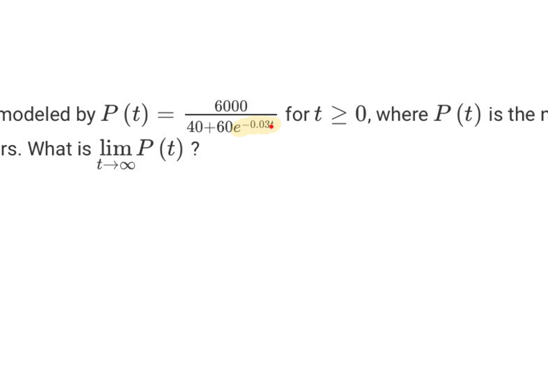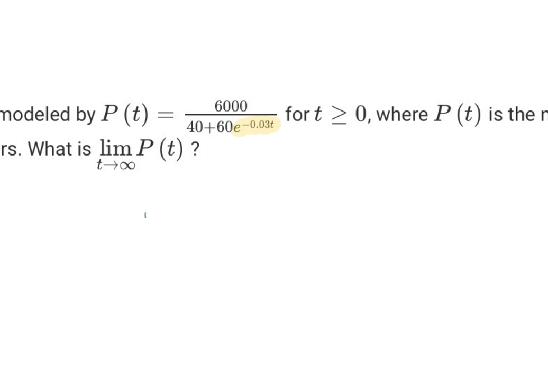Because think about when t is 1,000,000 or 1,000,000,000, you're multiplying it by a negative number, so it's going to be -1,000,000, -1,000,000,000, a little bit less since you're multiplying by 0.03, but really this exponent is going to negative infinity. And as long as the base is bigger than 1, which e is, 2.7 something, if the exponent goes to negative infinity, then the whole exponential goes to 0.